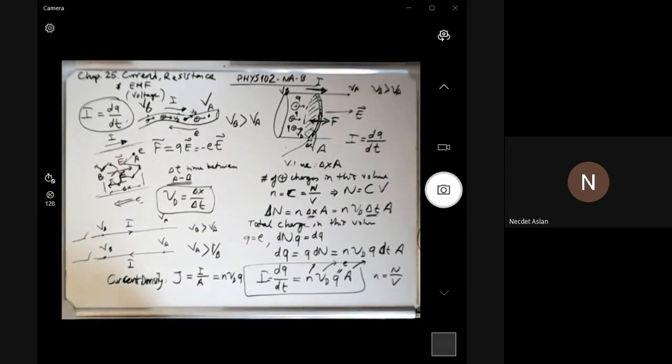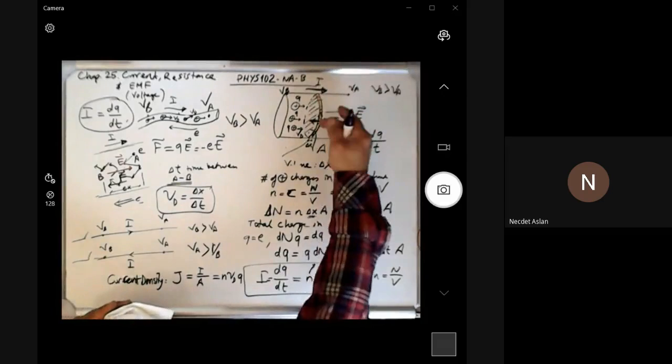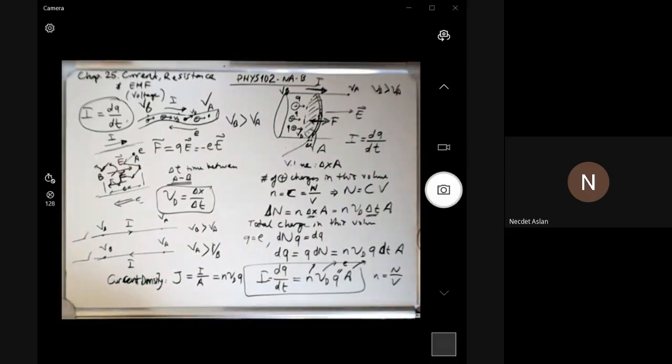So if the force is greater, then we will have more force on the charge, so that at an instant we can see more particles for a bigger potential difference. So the definition of the current density is this.